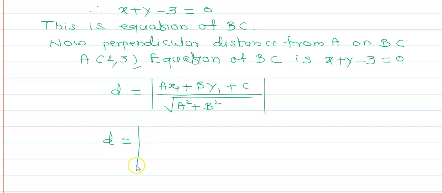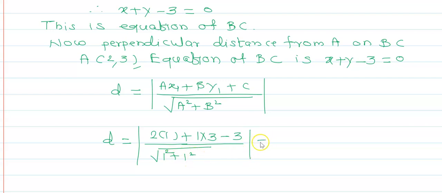Therefore d is equal to 2 into 1, plus 1 into 3, minus 3, upon the square root of 1 square plus 1 square.